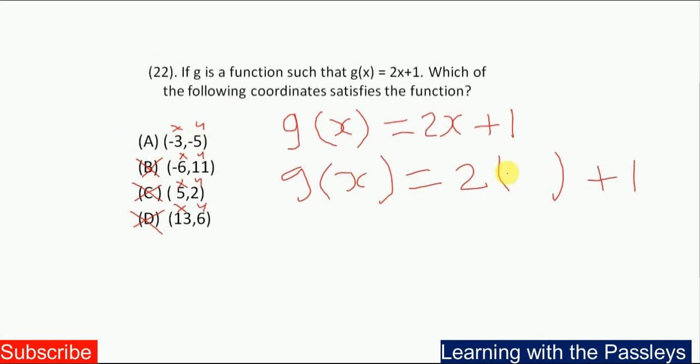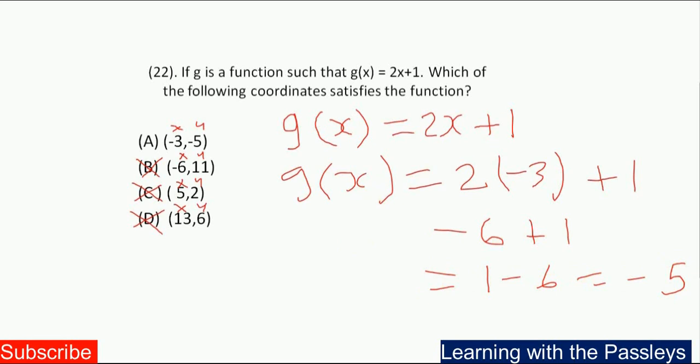So let us insert negative 3 in this bracket. Now let us calculate. 2 times negative 3 is negative 6, plus 1. I'm going to rewrite: 1 minus 6 equals negative 5.